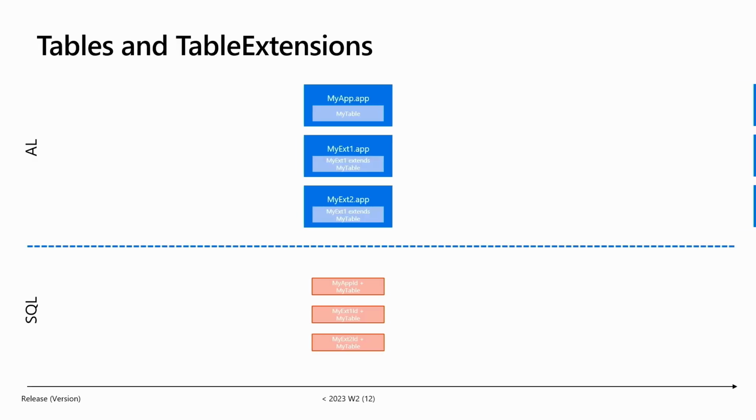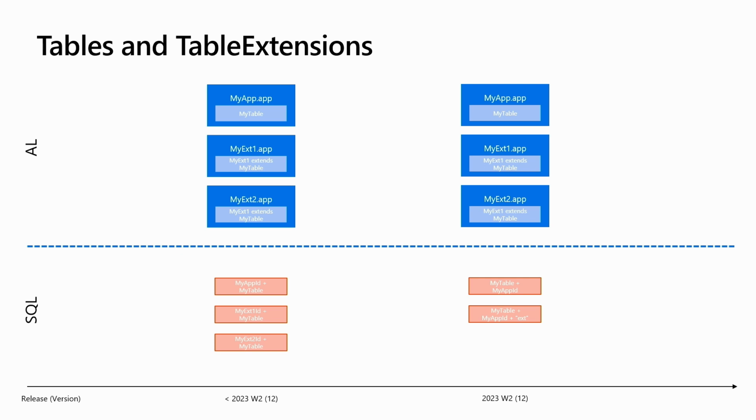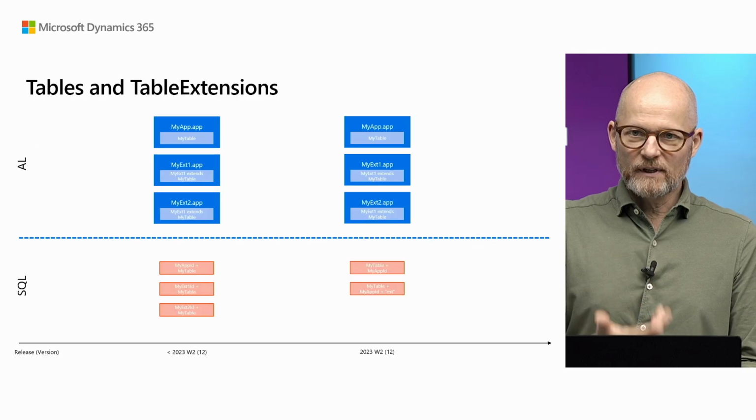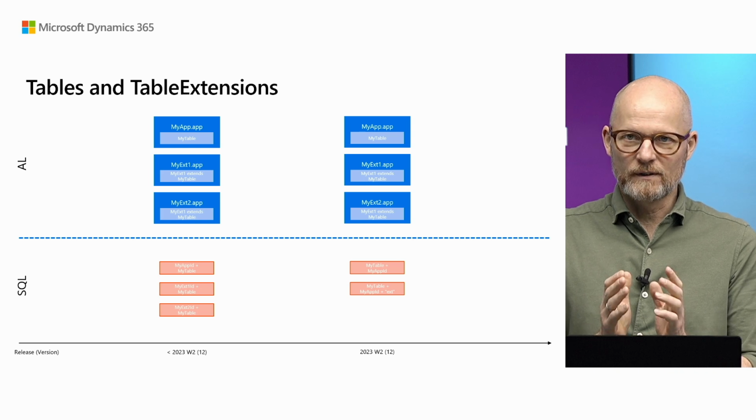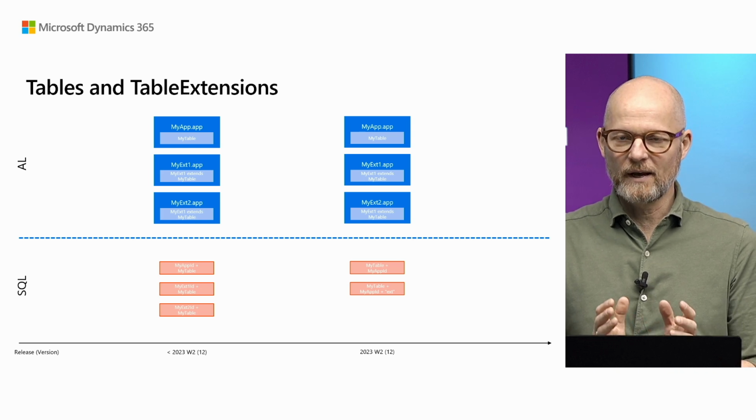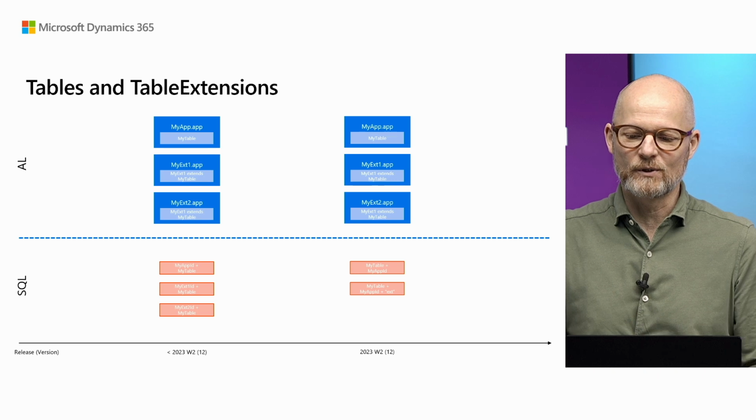Then something new happened in the last release, because we improved on the SQL layout of tables in general by having only one companion table, which reduces the joins to one. That allowed us to focus on the feature I'm presenting here today.